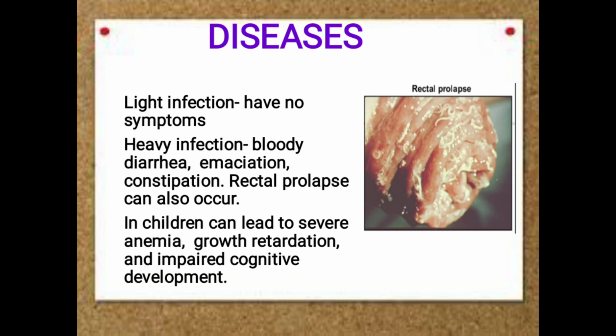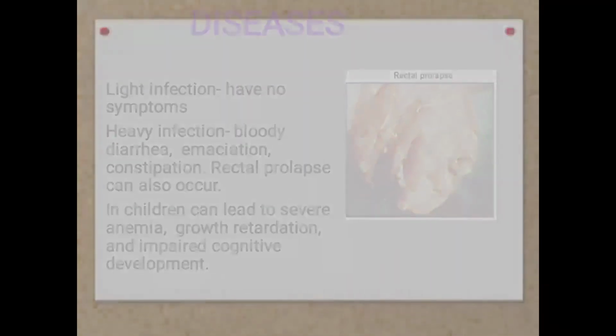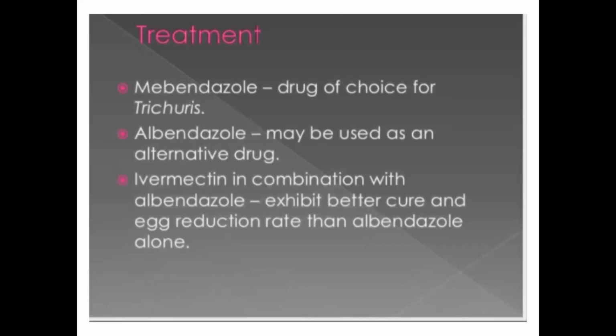Heavy infection in children can lead to severe anemia, growth retardation, and impaired cognitive development. So let's proceed to the treatment. This Trichuris trichiura is treatable. The treatment is mebendazole, the drug of choice for Trichuris.